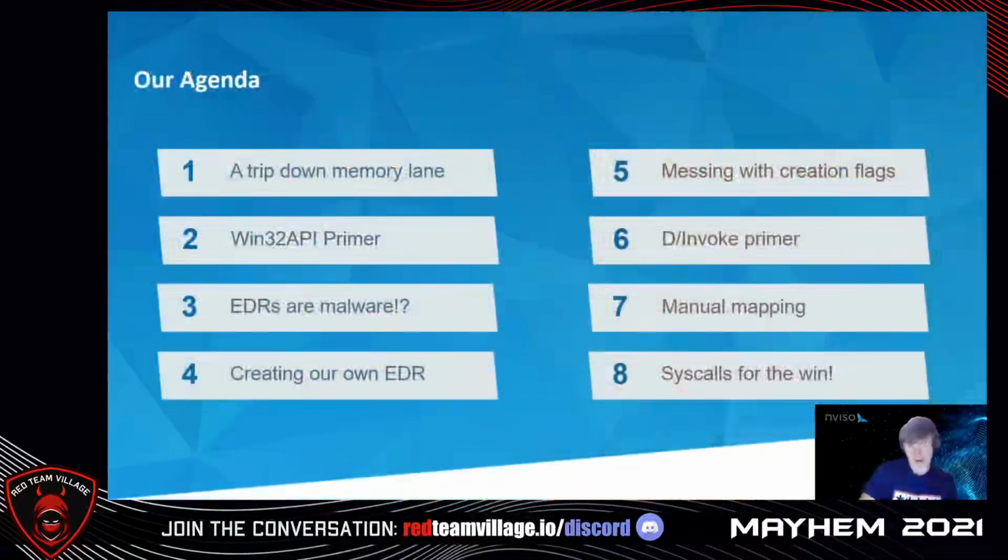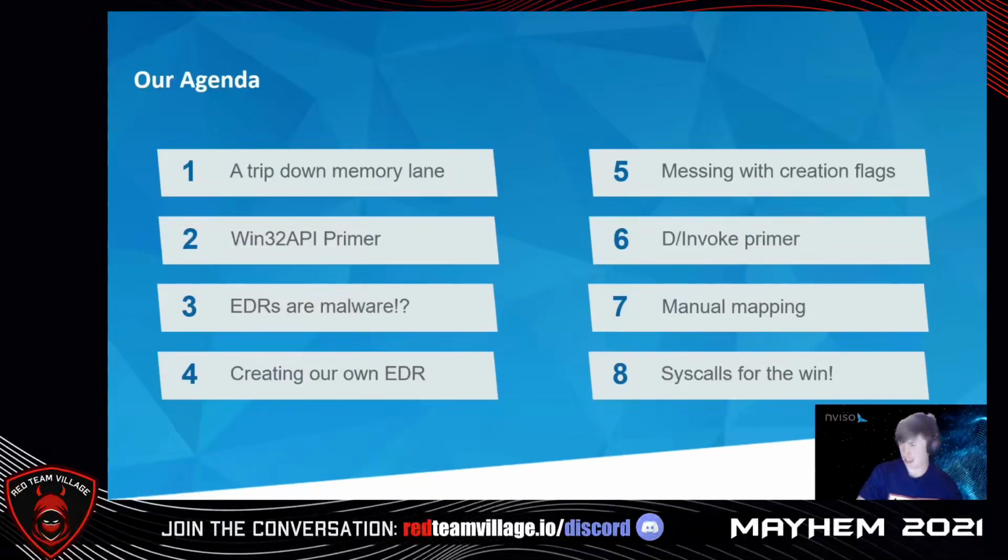So what's on our agenda for today? First, I'm going to take you on a trip down memory lane. I'm going to give a small Win32 API primer, because you'll have to understand how the Windows API works in order to fully understand what DInvoke can do for you. I'm also going to talk about EDRs and whether or not they are malware. I occasionally like to joke that EDRs are malware themselves. We're going to create our own EDR, because I don't want to bypass any highly reputable vendors in this talk.